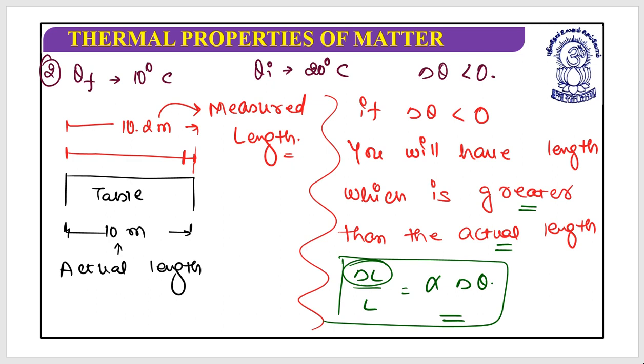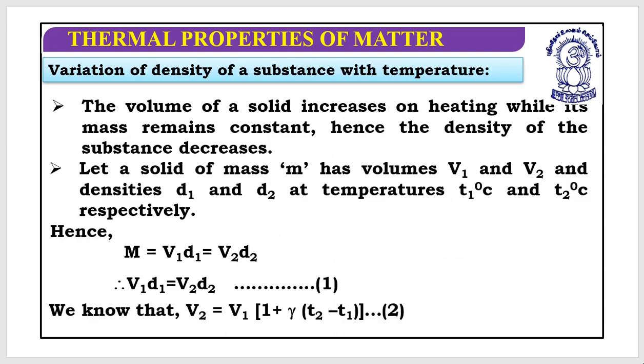Now let's look at one more variation, which is the variation of the density of a substance with temperature. It's a change in the density due to change in the temperature. What I understand is that the volume of a solid increases on heating while its mass remains constant.